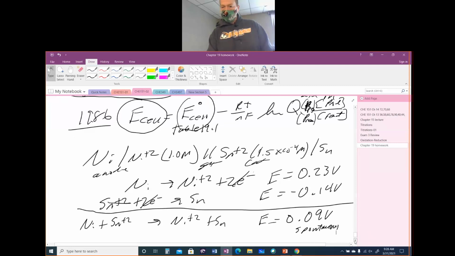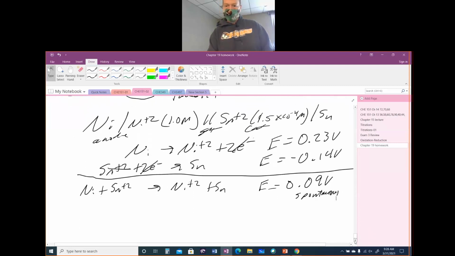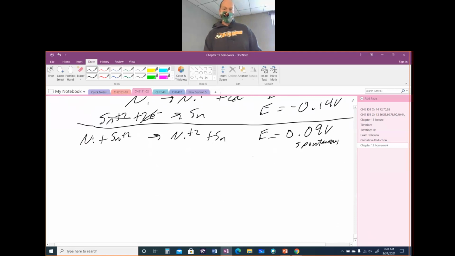So we know that the K value would be a large number. It is a spontaneous reaction. But we're not looking for K, we're looking for Q. And so the setup is the same. Q and K are the same: it's the products, concentration of your nickel plus 2, over reactants, concentration of your Sn plus 2.